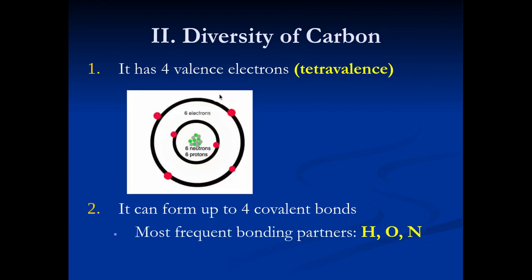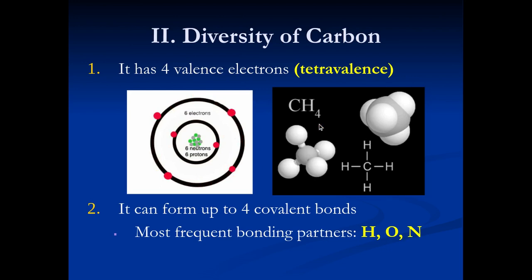If we're looking at carbon right here, we have the 6 protons and 6 neutrons, then our first level holding 2, that's full, and then we have our 4 electrons going around the outside. That's our valence. Typically, it's going to bond with hydrogen, oxygen, and nitrogen. Remember the sponge, HON, but it can bond with other things as well, like phosphorus or sulfur or many other things.